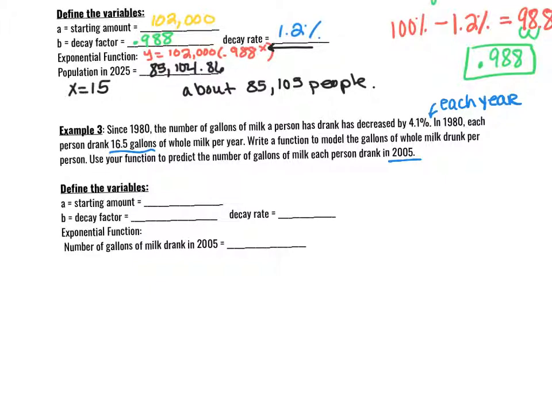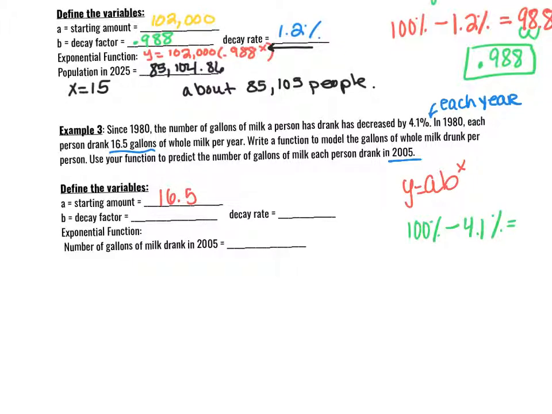Okay, so our starting amount is 16.5 gallons. We know it's exponential, so we're going to use a b to the x. This is decaying by 4.1%. So because it's decaying, I don't want that full 100%. I don't want all of the 16.5. I need to take away 4.1%.